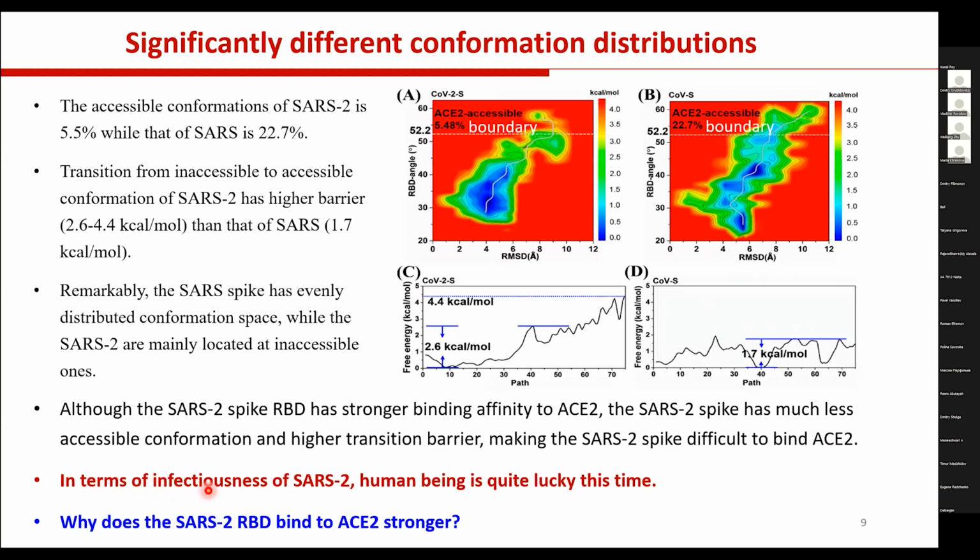So in terms of the infectiousness of SARS-2, human beings are quite lucky this time because it's a weaker binder to ACE2. So then we want to know why the SARS-2 RBD binds to ACE2 stronger.